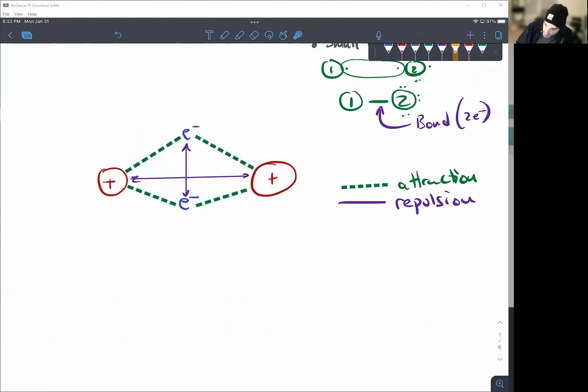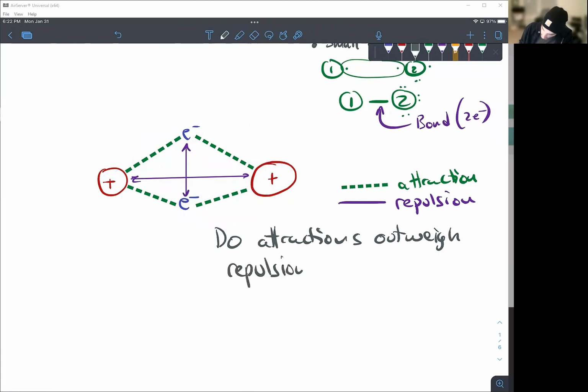And ultimately the question is, do attractions outweigh repulsions? And if they do, and in fact, we're going to take a lot of looks at this, bonding, anti-bonding, and these other fancy words, but if the attractions outweigh the repulsions, then things are going to stick together.